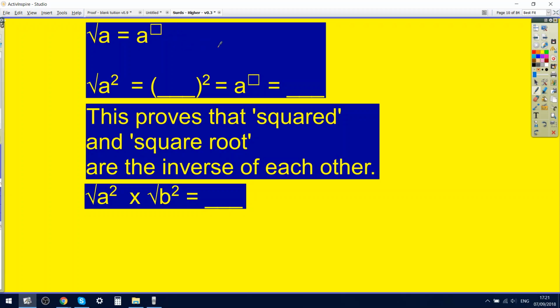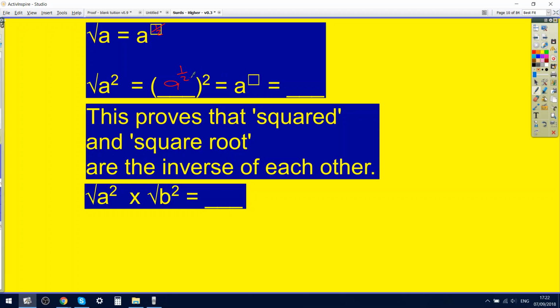So the square root of a is the same as a to the power of what? A to the power of half. Yeah. And so how would you rewrite root a squared? It's a to the half, squared.